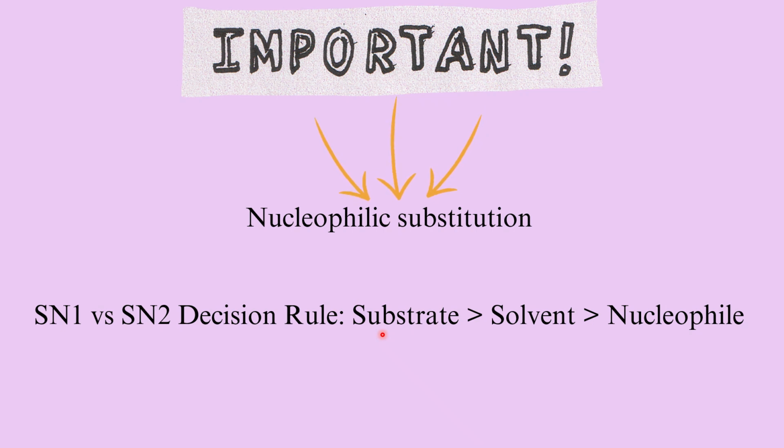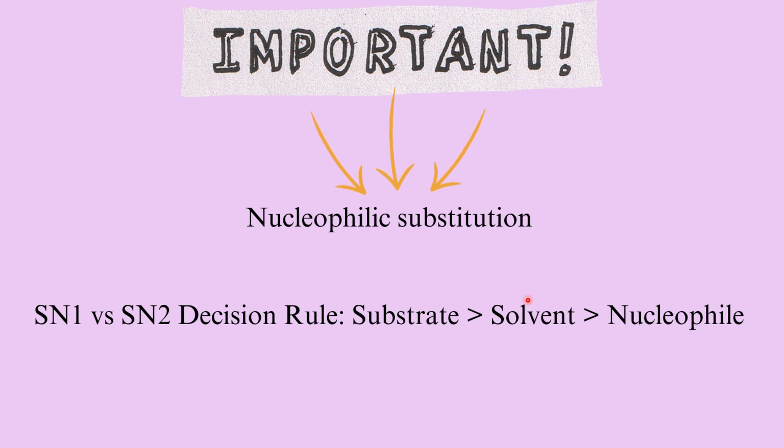Now, this is the very important rule that you should remember. Whenever you're going to decide whether the secondary carbocation is undergoing SN1 or SN2, you are going to follow this order in order to decide the right answer. Firstly, you will give the preference to the nature of the substrate. So here we are considering secondary alkyl halide. Now, since in both the cases I have secondary alkyl halide, the second preference I will choose is the solvent.